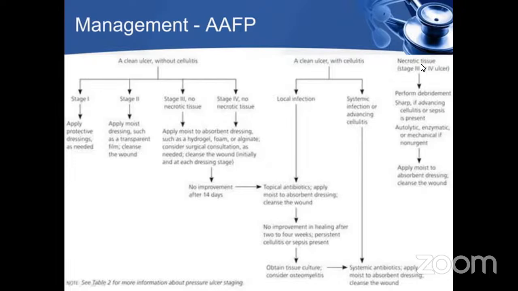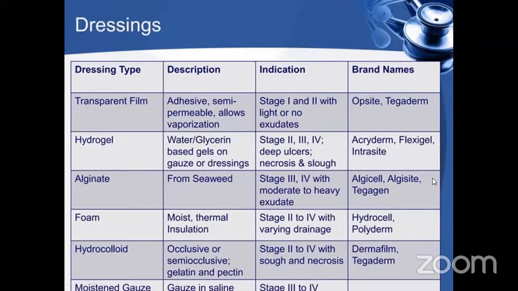And if there is necrotic tissue, we will go for debridement. Sharp, if advancing cellulitis or sepsis is present, or autolytic, enzymatic, or mechanical if non-urgent, and then apply the dressing. These are the types of dressings and the indications for stage 1, 2, 3, 4: transparent film, hydrogel, alginate, foam, hydrocolloid, and moistened gauze.